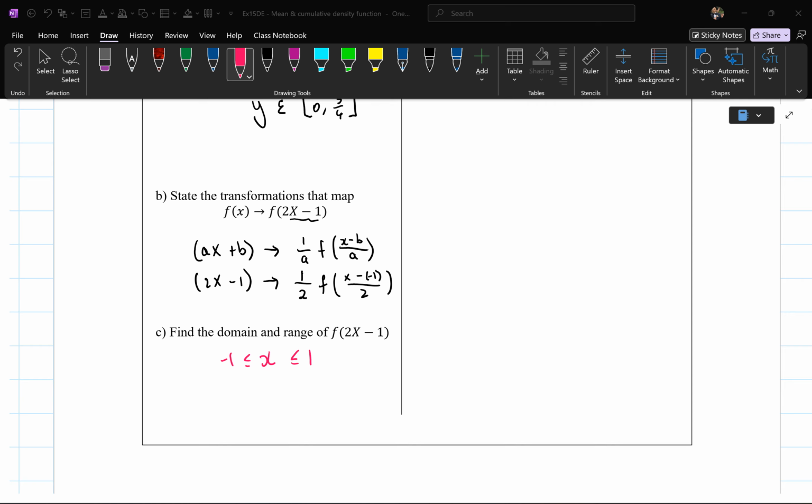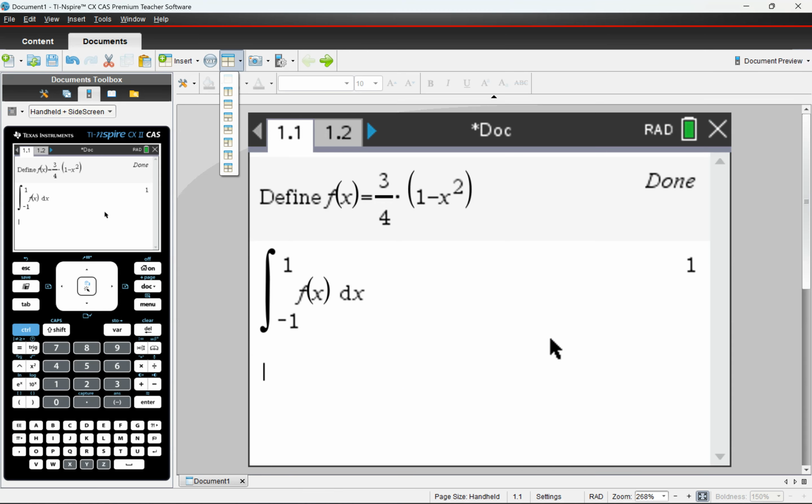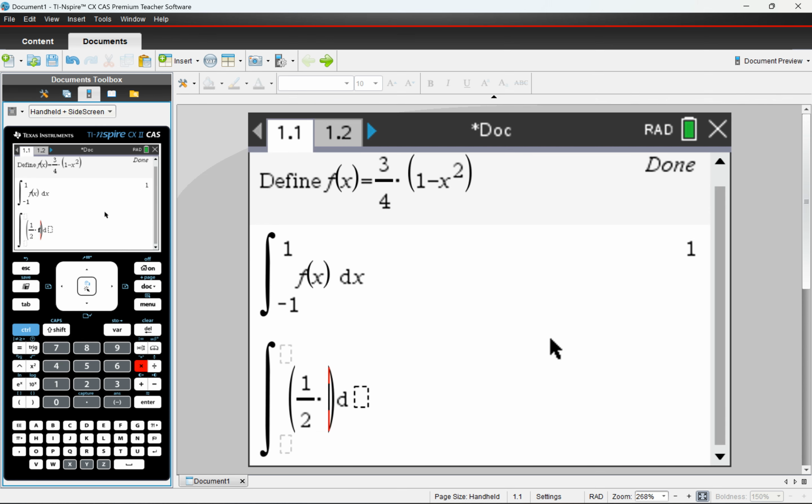So right now, if I go back to my CAS, if we did integration of this new transformation, if I did 1 over 2 of f of, what was it again? x plus 1 over 2?